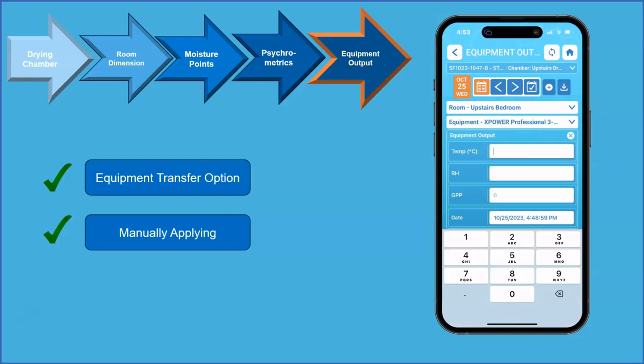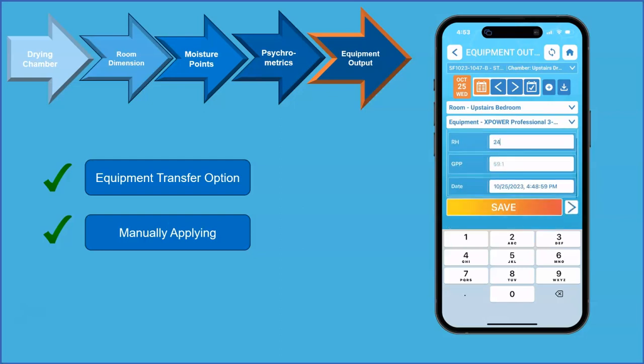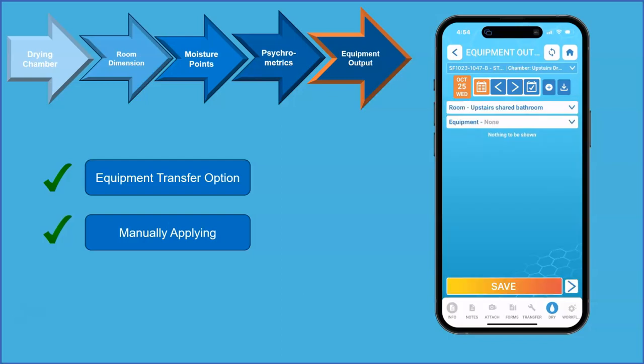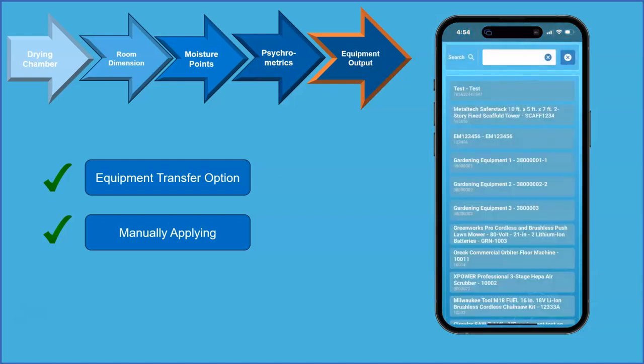Here I can enter in the temperature and RH. It will automatically calculate the GPP. The current date and time will automatically display. To select another room in the drying chamber, tap. To add a piece of equipment to that particular room from a manual application, select the plus icon.